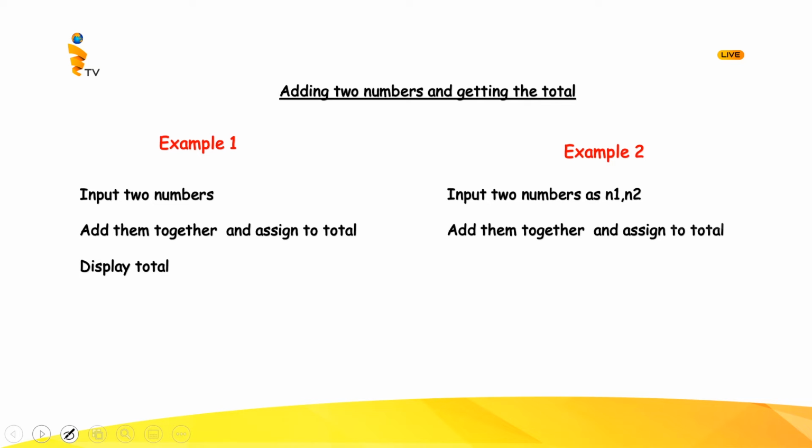So we ask the computer to store my addition of N1 and N2 in total and display total. Now these two are examples of an algorithm. Remember, we have to give very simple instructions and they have to be in order, because a computer is a machine, it cannot think. We have to give every instruction in order.